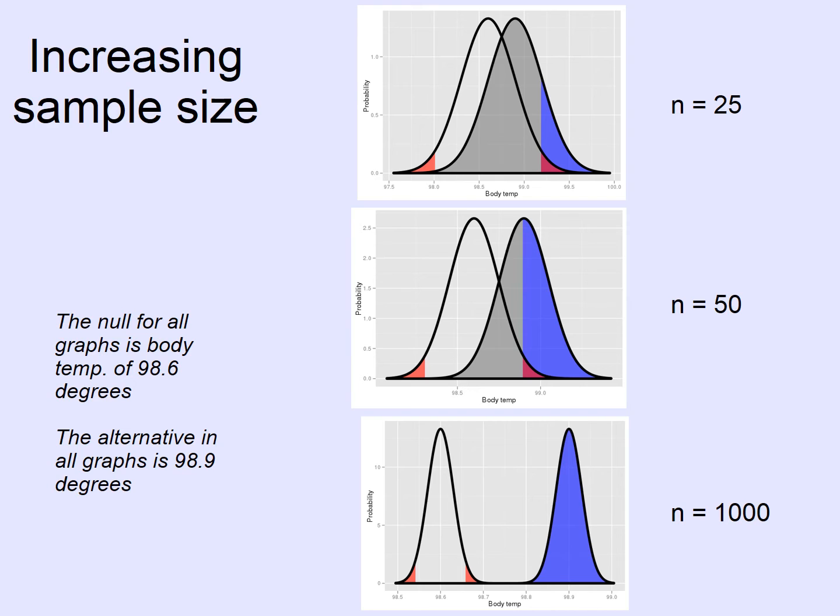The only thing that's changing is my sample size. So when I have a sample size of 25, still have pretty high beta error, some power, low power there. Look what happens when I go to 50. I decrease my beta error a lot and increase my power a lot. Look what happens when I go to 1,000. Wow, look at that power to detect a difference if there really is one. And my beta error is very, very low, but I've left my alpha alone.